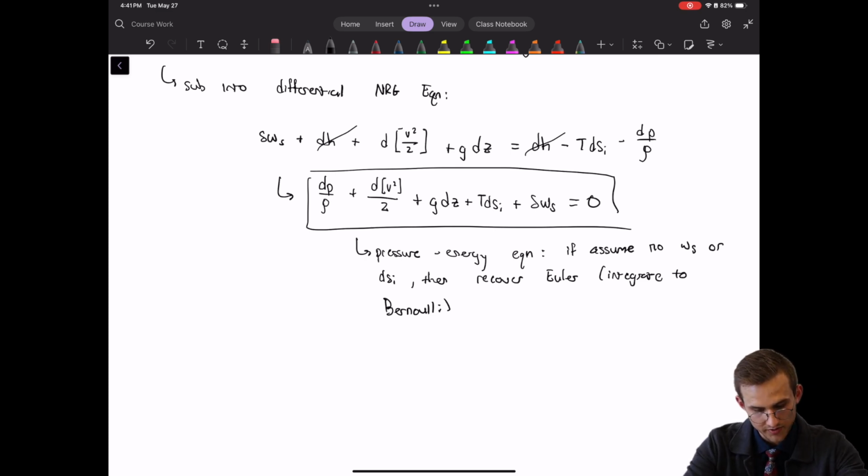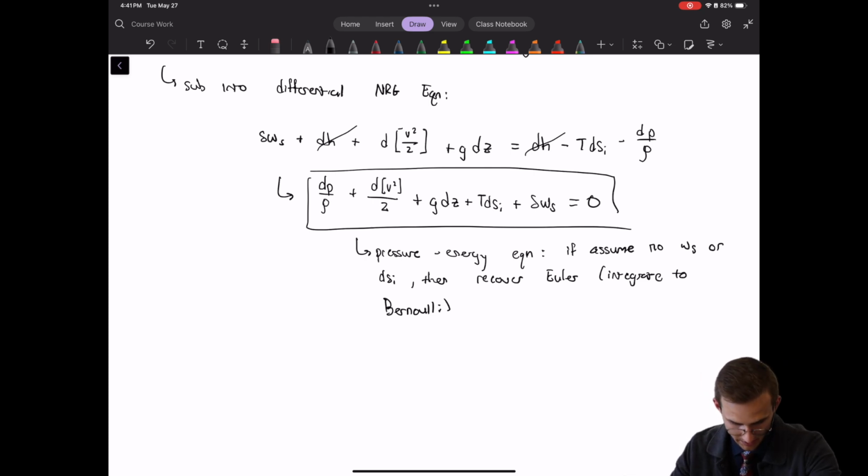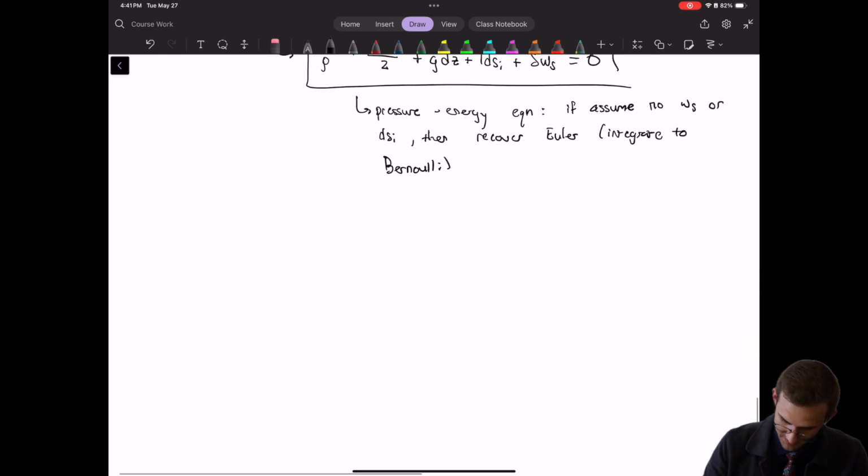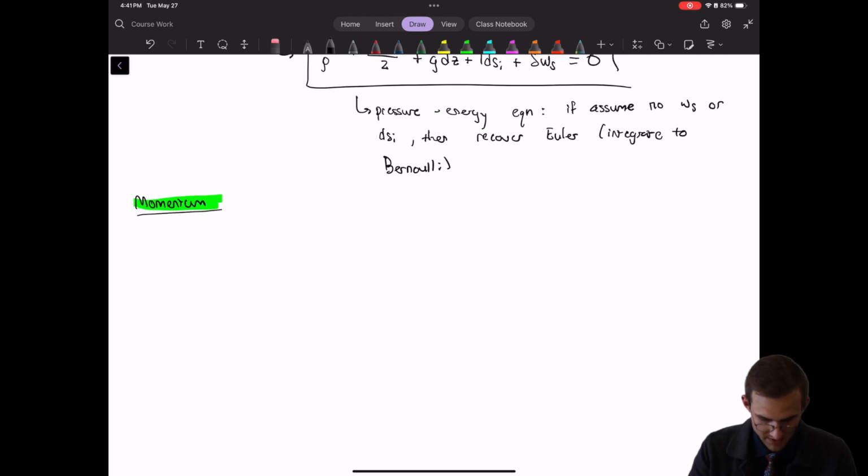Okay, one more thing. We'll talk a little bit about momentum, and then we'll be done. Once again, this took longer than I expected. Okay, so the last thing that we will apply the Reynolds Transport Theorem to today is momentum. So in this case, what is eta? Eta is a vector quantity v, since momentum is m times v, right?